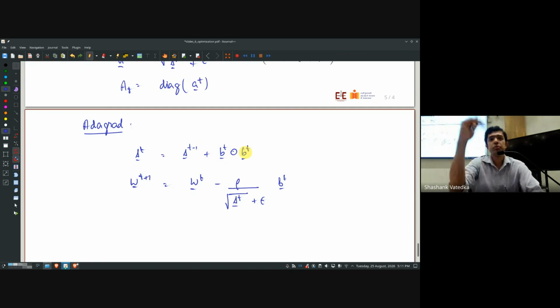So these two sets of equations give you the entire Adagrad algorithm. Again, I'm using the notation that something divided by a vector is done component wise, following the standard NumPy notation.